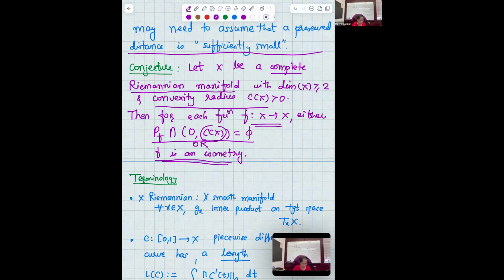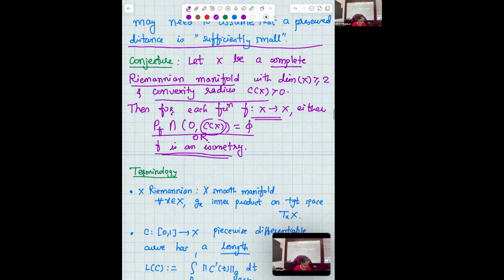And this is a conjecture, and I'm going to give you at least one supporting theorem that we were able to prove.